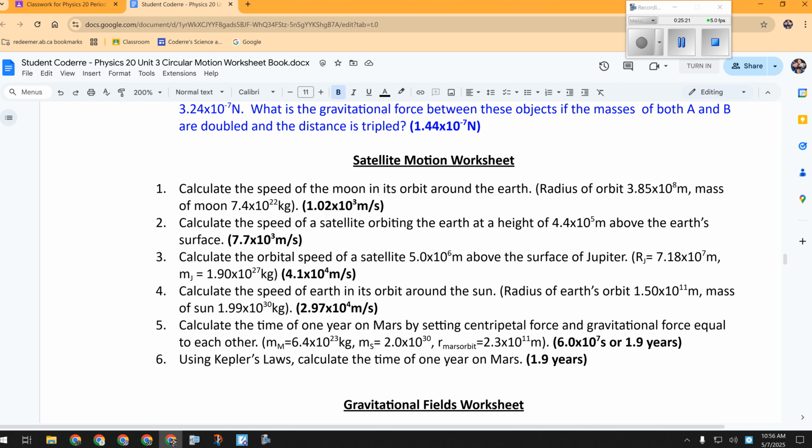This quiz will be on vertical circular motion only. Since your unit exam is next week, you're not going to have any quizzes on satellite motion or gravitation. But we will do an assignment on that Monday or Tuesday, whichever day I don't do the unit review. So you'll have some practice there.